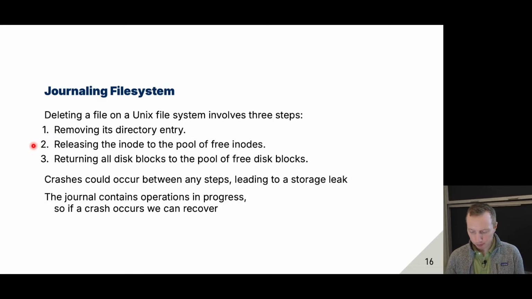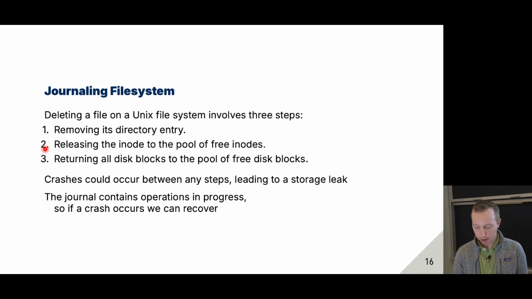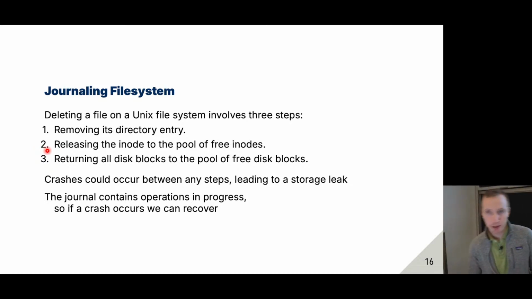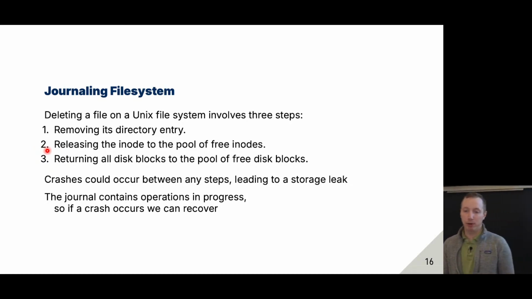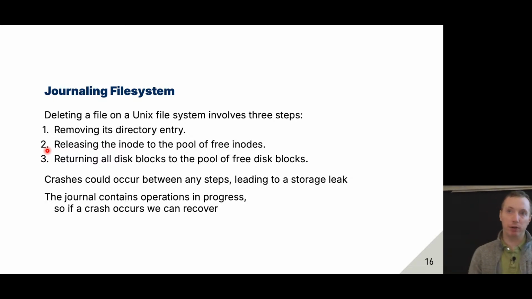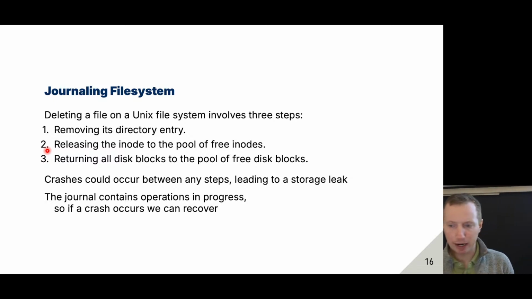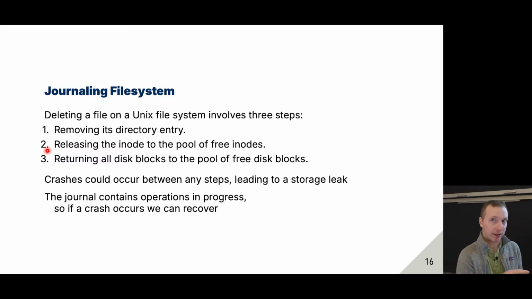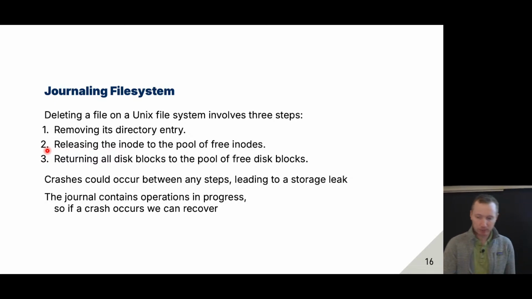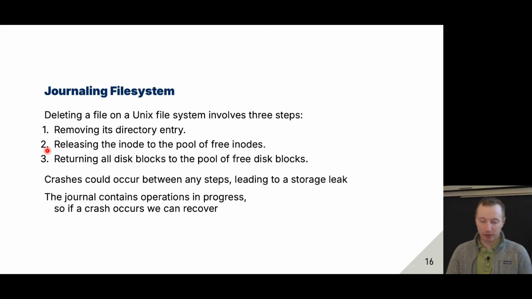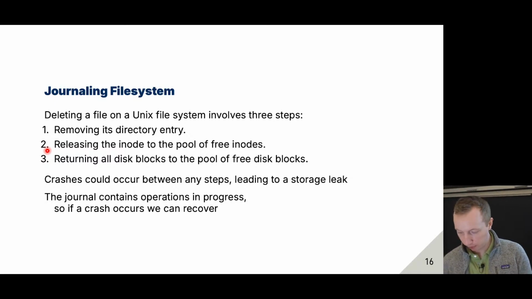So it gets inconsistent that way. If I remove the power between steps 2 and 3, I don't have a directory entry to it, and that inode is free and can be reused, but I haven't actually freed any blocks that that inode was using. So a bunch of blocks on my disk are just going to be sitting there wasting space. I'm not even going to be able to recover them.